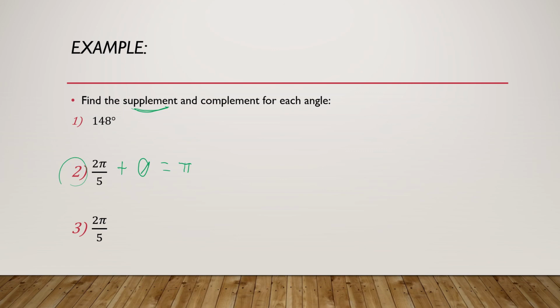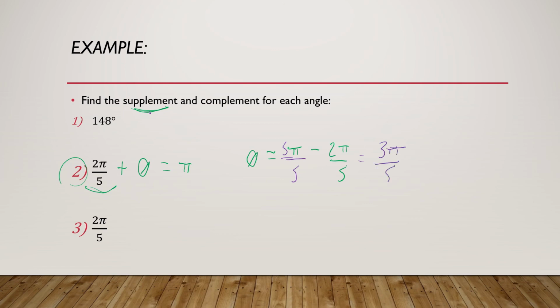We can do that if we subtract 2 pi over 5 from pi. So theta equals pi minus 2 pi over 5. Once again, we need a common denominator. So if I want to be able to put pi over 5, we've also got to multiply the numerator by 5. And we find out the supplement of 2 pi over 5 is 3 pi over 5.